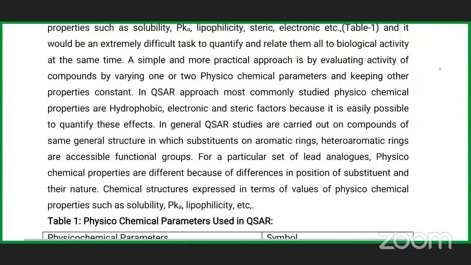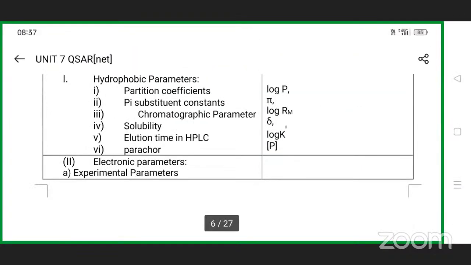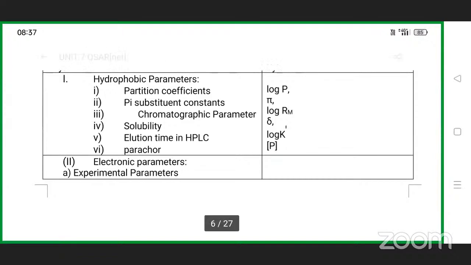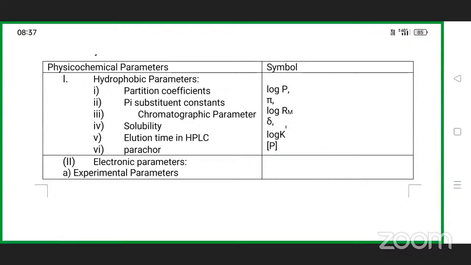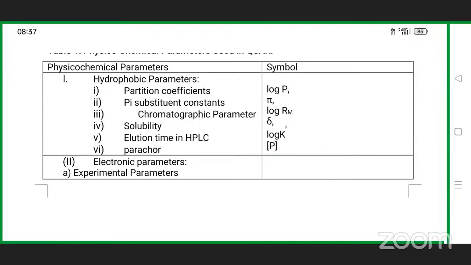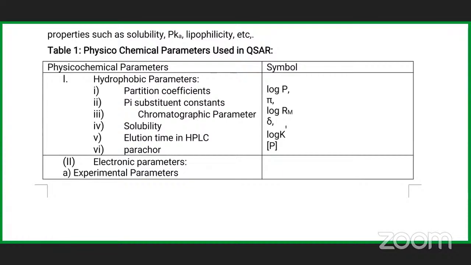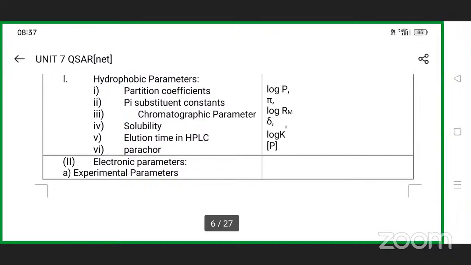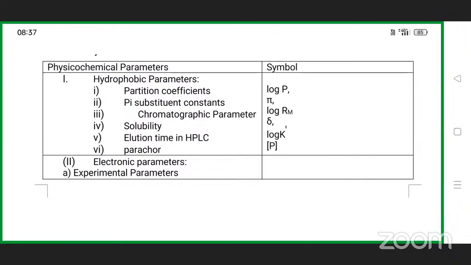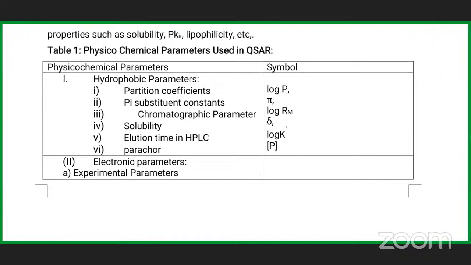You can see here physicochemical parameters like hydrophobic parameters. In the hydrophobic parameters, we have the partition coefficient, where the log P value, that means the partition coefficient, is shown with log P, and pi.